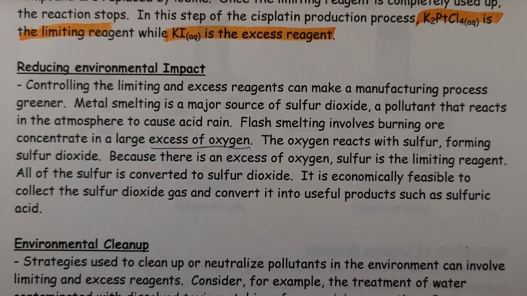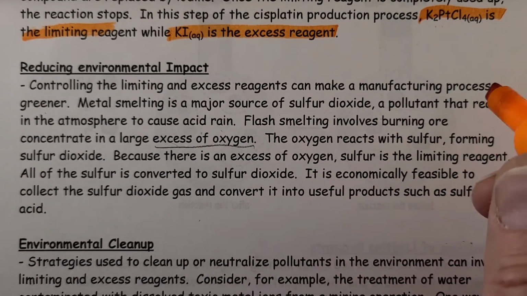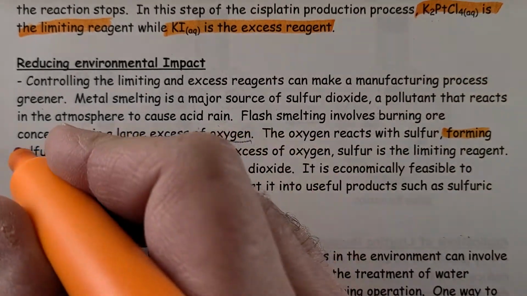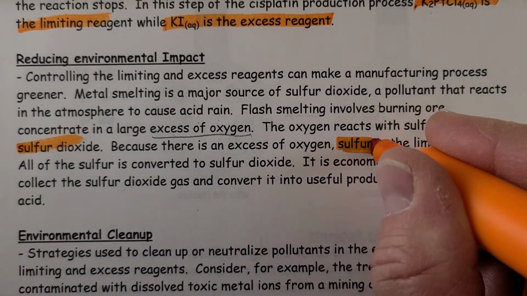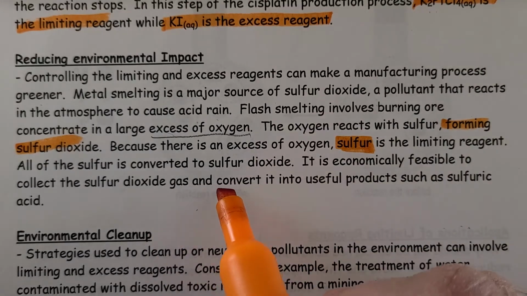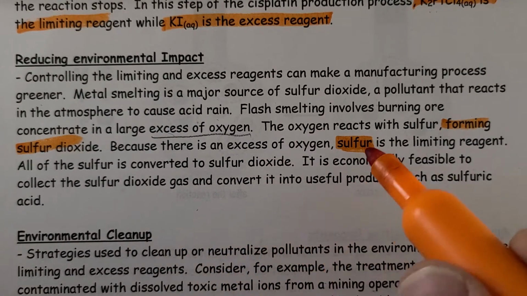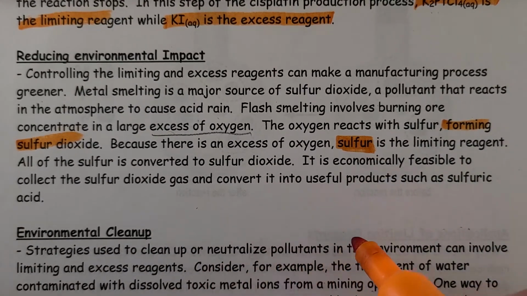The oxygen reacts with the sulfur, forming sulfur dioxide. Because there is an excess of oxygen, sulfur is limiting, and it's all going to be converted into sulfur dioxide, and of course oxygen is going to be the excess. It is economically feasible to collect the sulfur dioxide gas and convert it into a useful product such as sulfuric acid that can be used in the lab.